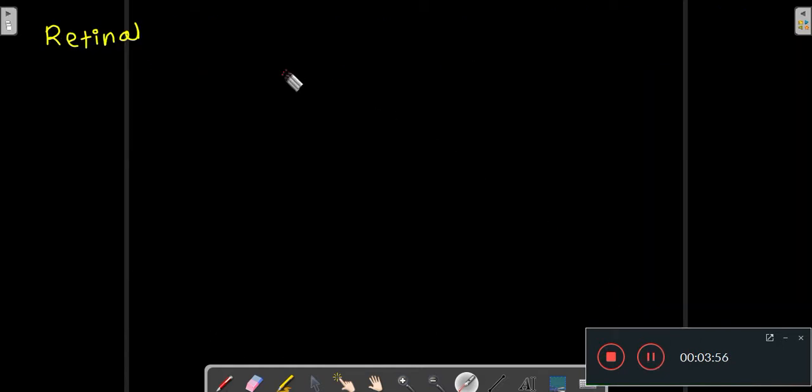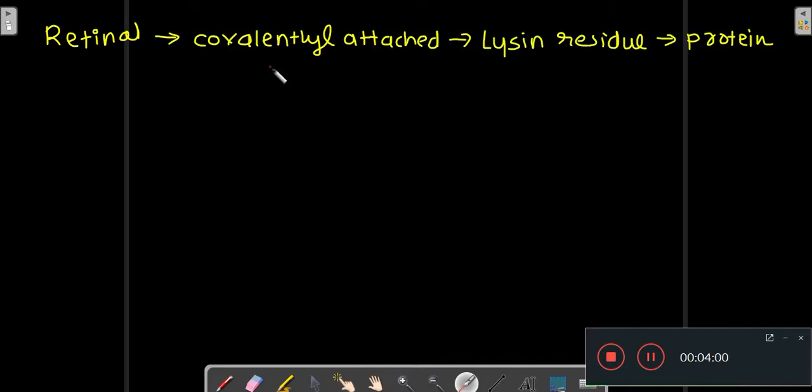Now let's talk about how retinal functions. Retinal remains covalently attached to the lysine residue of a protein.